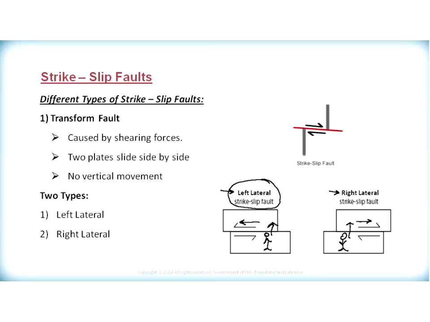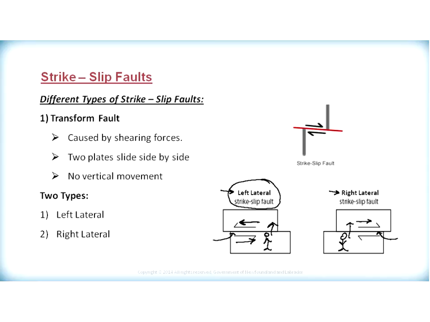Therefore, it would be called a right lateral strike-slip fault. Our fault plane would be the boundary between the two fault blocks. So here we see shearing forces moving in opposite directions, which will cause one block to move in one direction and the second block to move in the opposite direction.